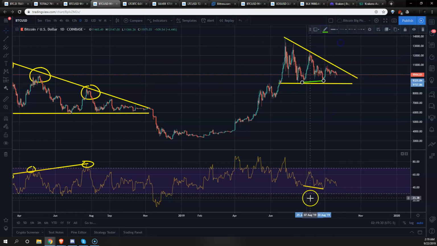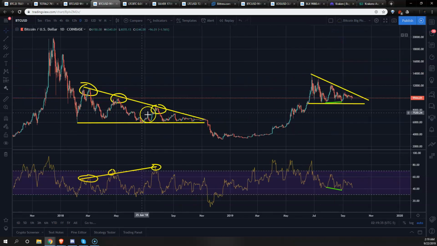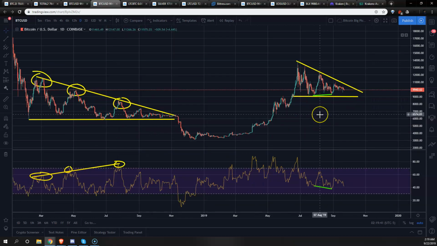Let's make these green. That is a major difference. This triangle had hidden bearish divergence, whereas this triangle has hidden bullish divergence.